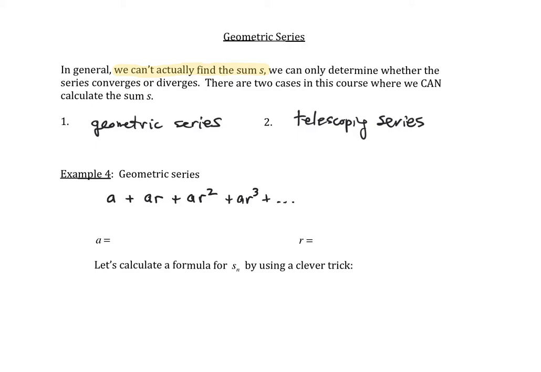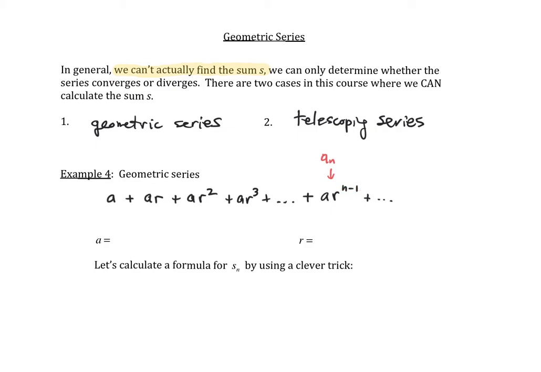So if we were to write out what the general term looks like, the general term is going to be A times R to the n minus 1. And that goes on forever. So remember, this is the nth term, an. One thing you'll notice is that we have an n minus 1 power here.